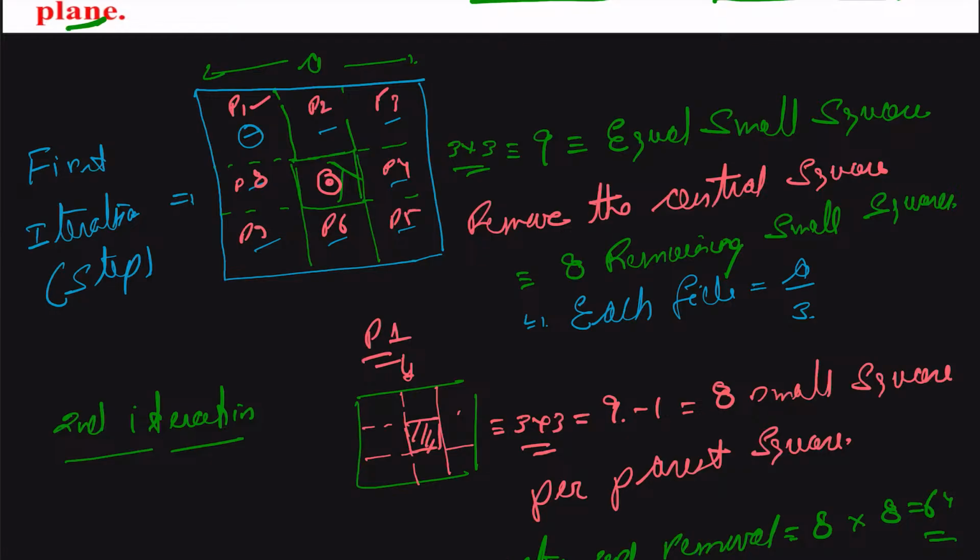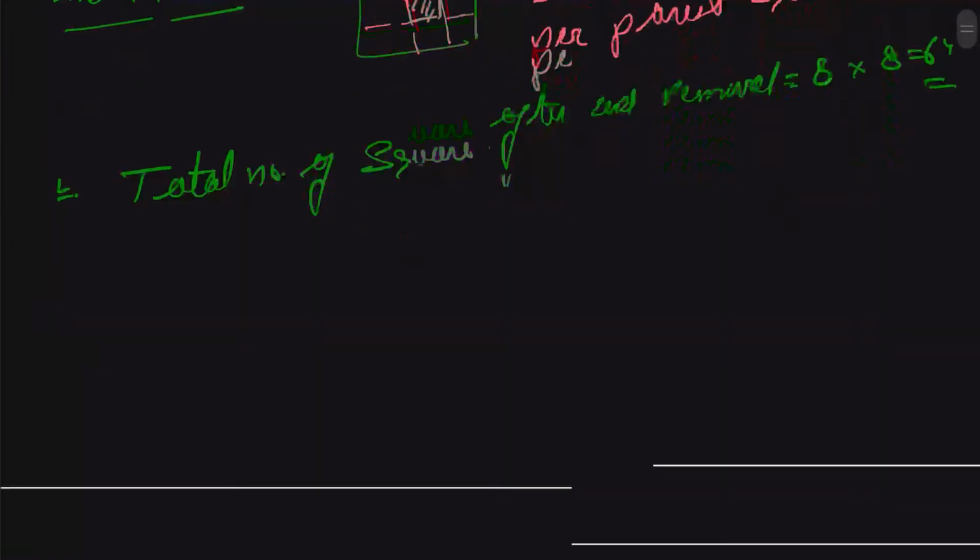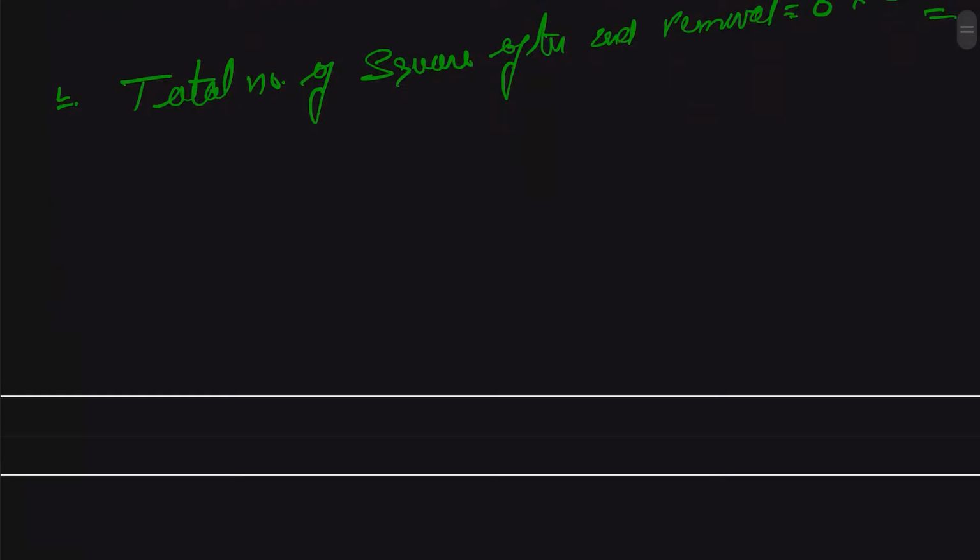So parent squares 1, 3, 5 and 7 we can call our corner squares, and P2, P4, P6 and P8 we can call our edge squares. Therefore we can write, so let me draw it here again.